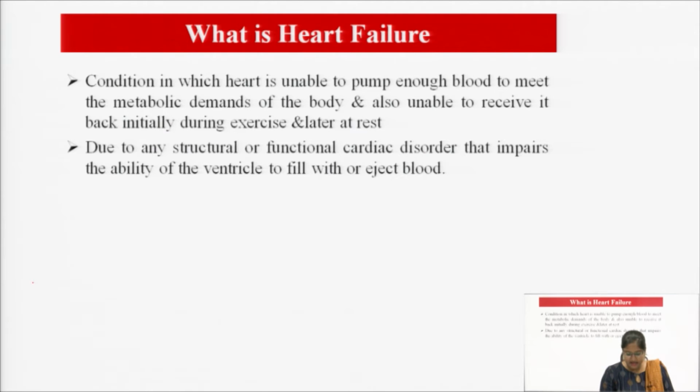Next is any structural or functional cardiac disorder that impairs the ability of the ventricle to fill with or eject blood, that we have already discussed as systolic dysfunction and diastolic dysfunction. It can be any reason which ultimately causes congestive heart failure.